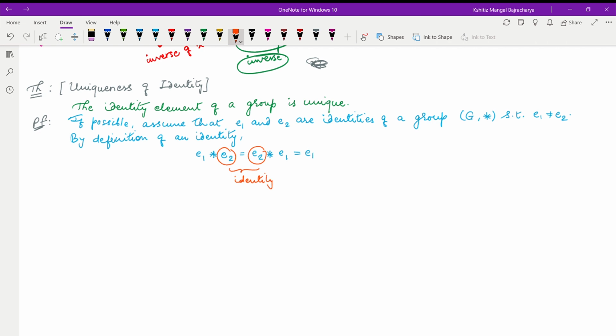This is an element of G star, so X star identity equals identity star X, which should give X, where X is equal to E1.